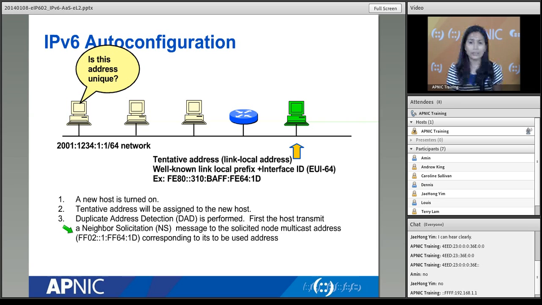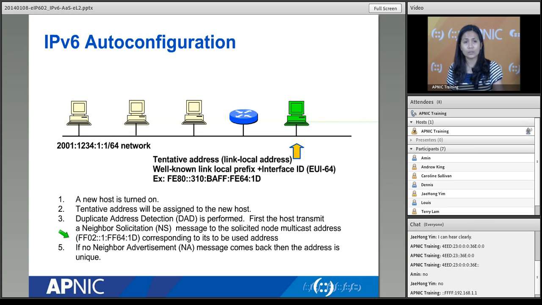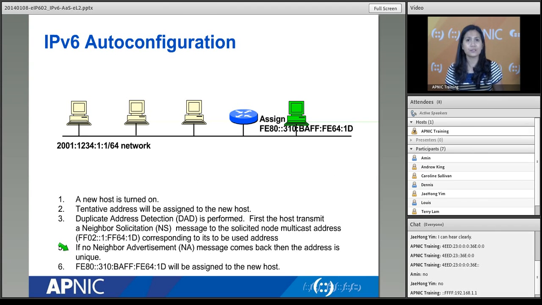Remember, our multicast address range is FF00. So again, that's a multicast address, and then you send your neighbor solicitation message to that, and if anyone's listening and if anyone's using it, then they will reply. If you don't get a reply after a period of time, if you don't get a neighbor advertisement, that means it's unique, and you can now assign that address to your interface.